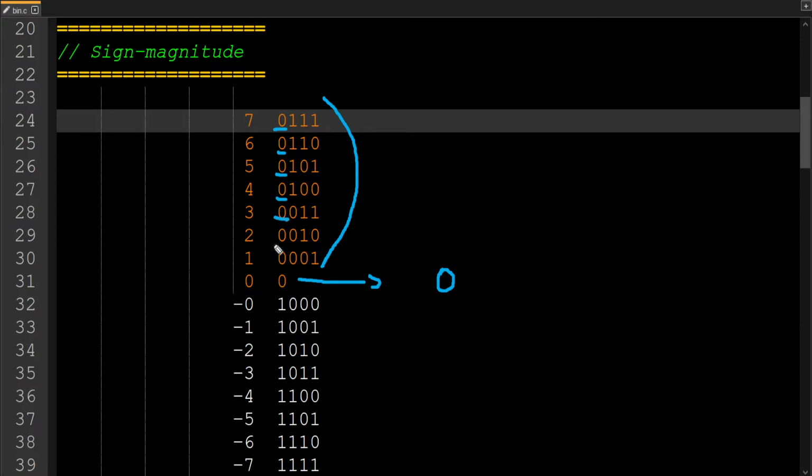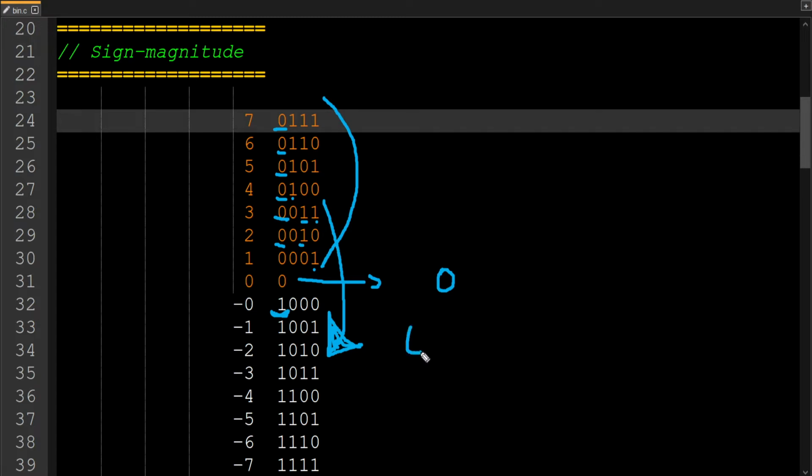It's 0, and the other bits are just regular binary: 1, 2, 3, 4. I explained in my past video how to read this. But for negative numbers, we just add the sign bit and basically repeat this system. We take the unsigned way to write values and just make the most significant bit 1 for negative values.